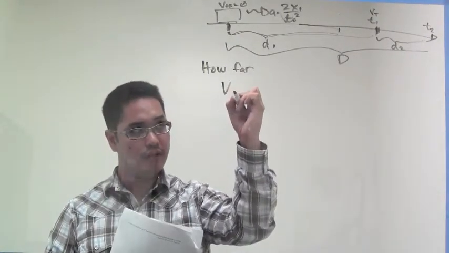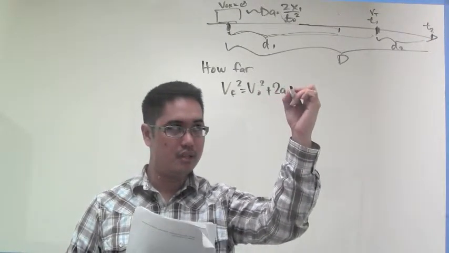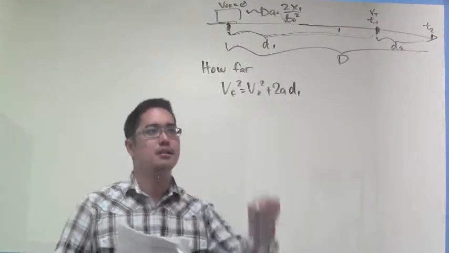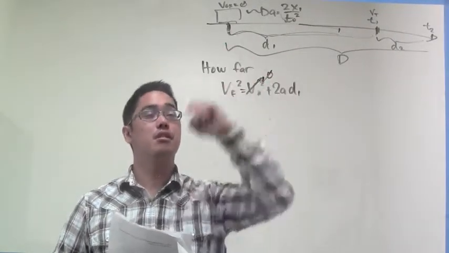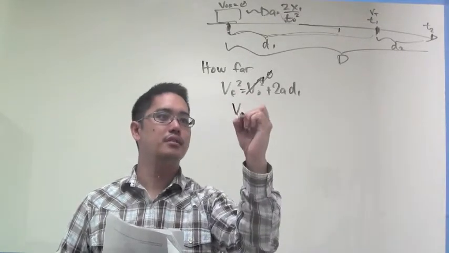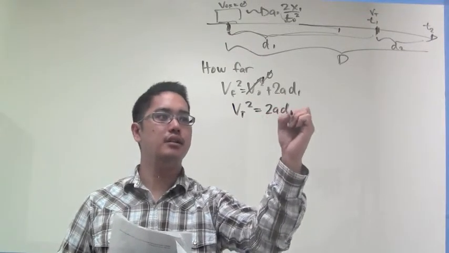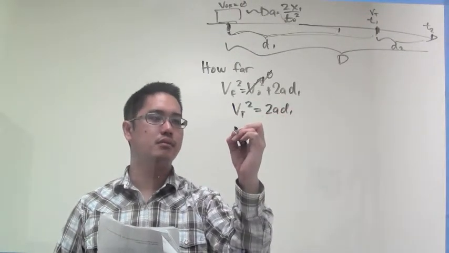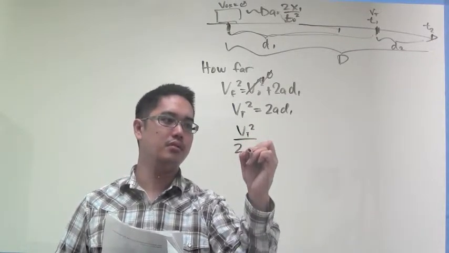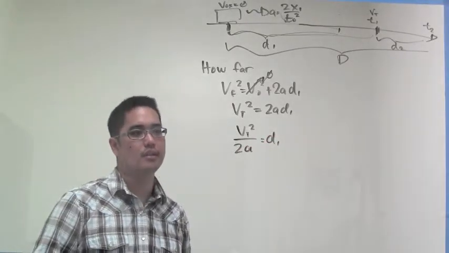I think I use v final squared equals v initial squared plus 2a d1. That's my delta x. This is 0. Started at 0. The v final is actually vt. So vt squared equals 2a d1. So vt squared over 2a is equal to d1. All right, that's what d1 is.